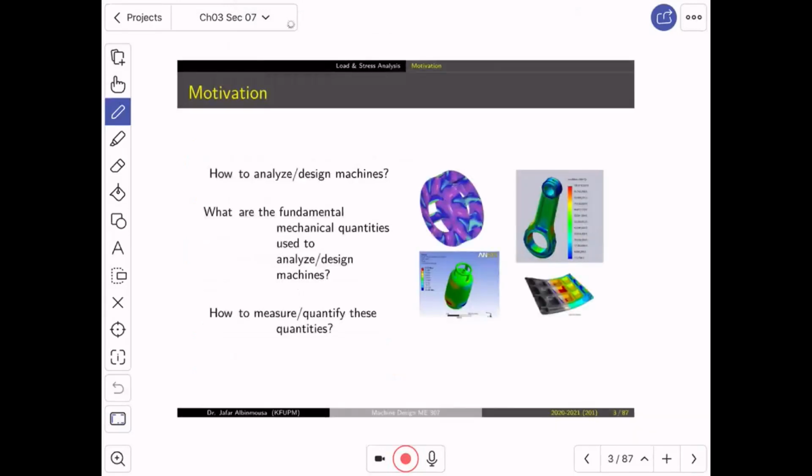Now, this is a little motivation, which I also touched on during my introductory lecture in the first lecture. But ultimately, why do we want to analyze machines? Listen to me, Shabab. At the end of the day, machines are always complex in shape.